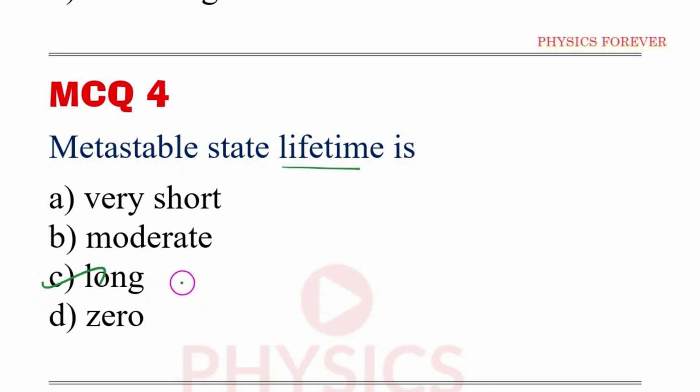How long? 10 power minus 6 seconds to 10 power minus 3 seconds. The metastable state lifetime is longer compared to the excited state. An atom in the excited state stays only for a short time, while the metastable state lives longer, so the atom stays in the metastable state for that duration.